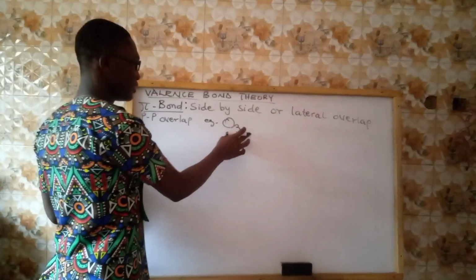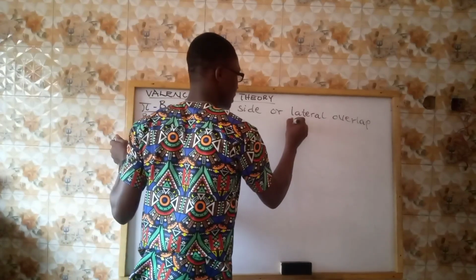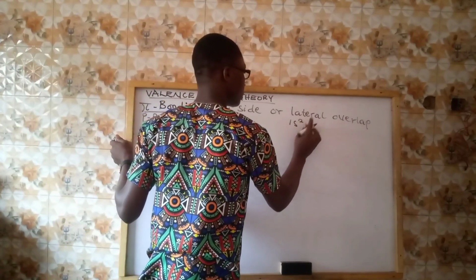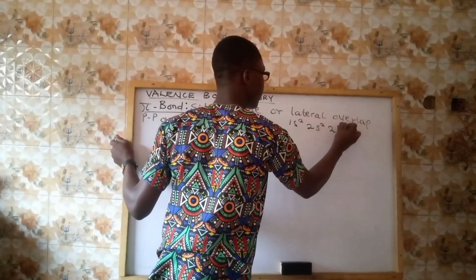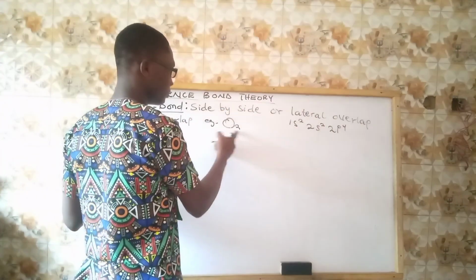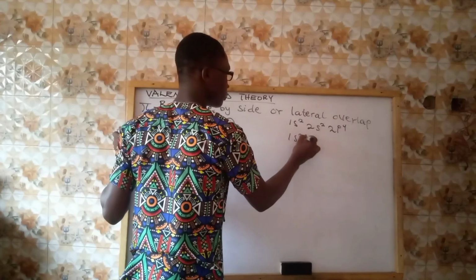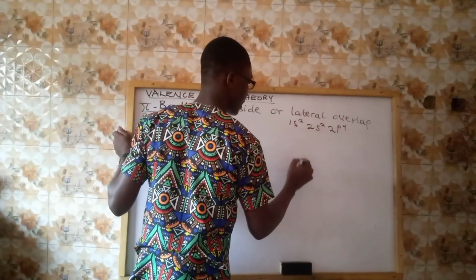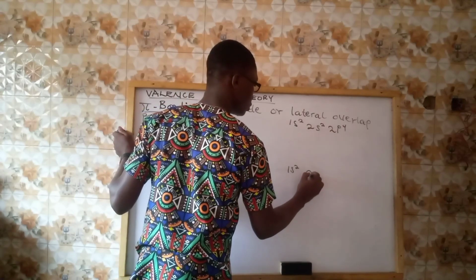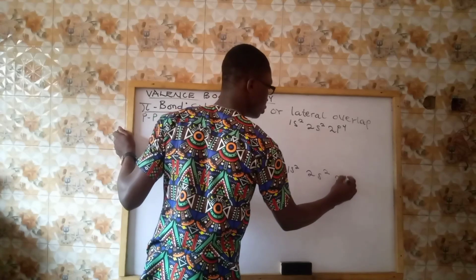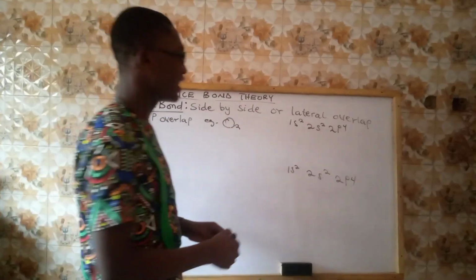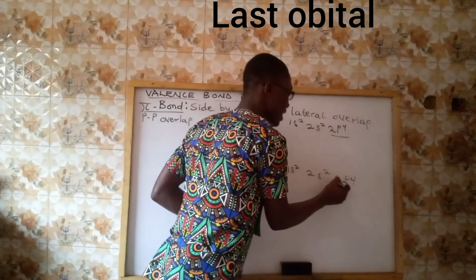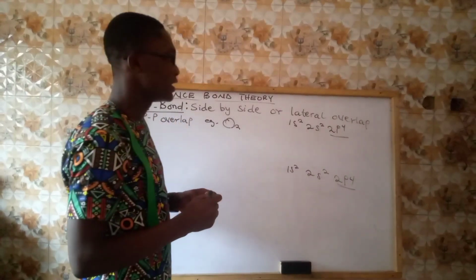For oxygen, the configuration is 1s2, 2s2, 2p4. Then you have two of them, so you have another 1s2, 2s2, then 2p4. But our main focus will be on the last shell or the last orbital, which is the 2p4.